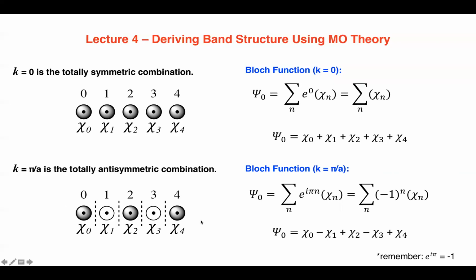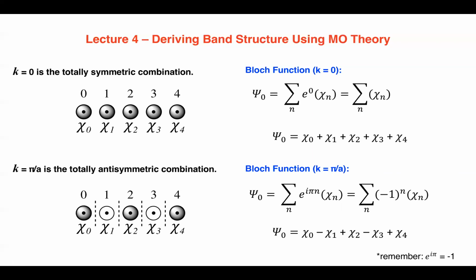Okay, so let's look at how the Bloch function generates those different wave functions for you. So psi of k, where k equals 0, is shown here. It's the linear combination of each of these different hydrogen 1s functions, and we've just taken out this ika and stuck in a 0 because we're solving for k equals 0.